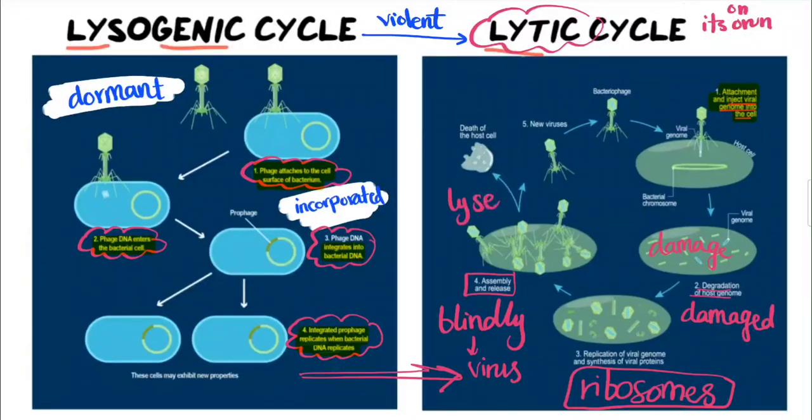That's why we call it the lytic cycle. So this results in death of the host cell. Of course it dies because the cell surface membrane is ruptured and new viruses are released, which are going to move on with their lives by infecting more bacteria.